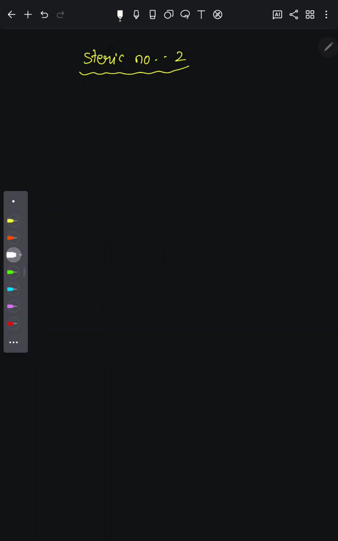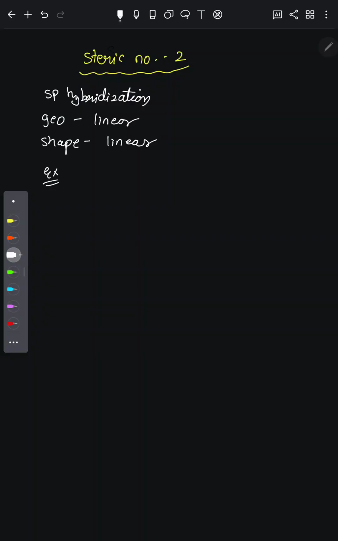We know that in steric number 2, sp hybridization is present, the geometry is linear, and the shape is also linear. Some examples of steric number 2 are NO2 plus, CO2, etc. So this is not very important, but I need to know.